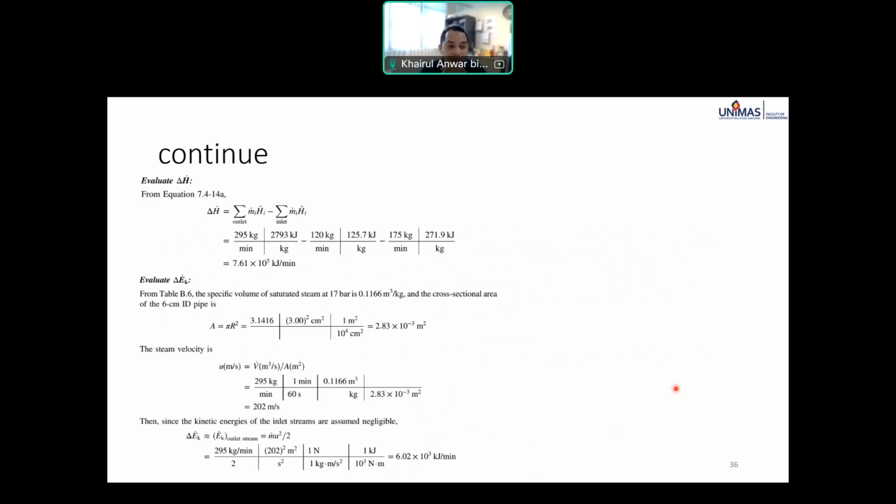Then we do the calculation. For equation 7.4-14a, the enthalpy change equals the sum of m_i H_i for the outlet, minus that for the inlets.